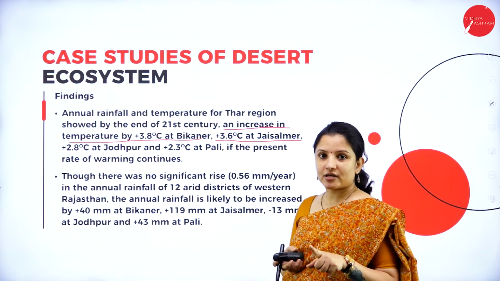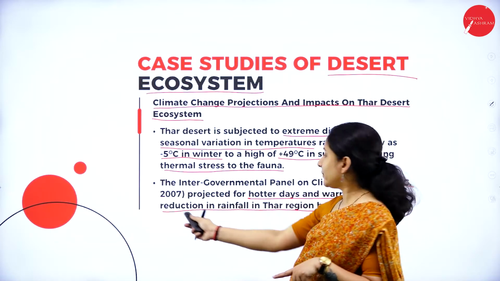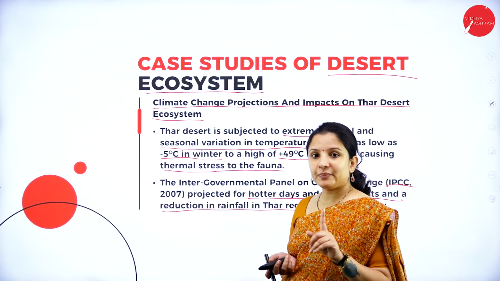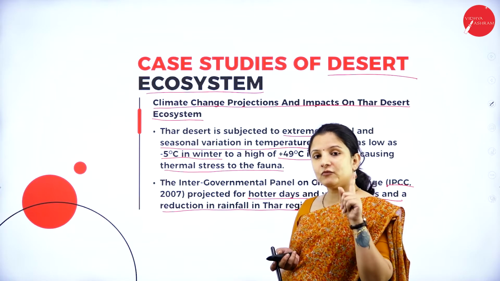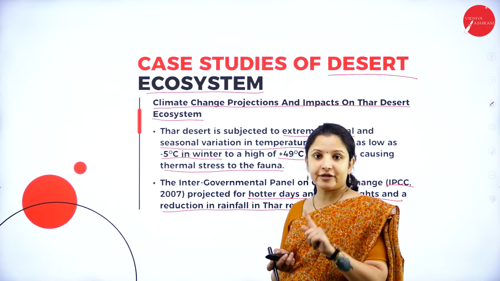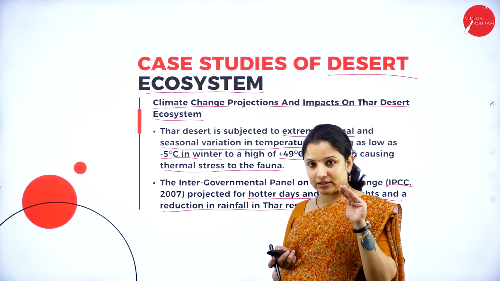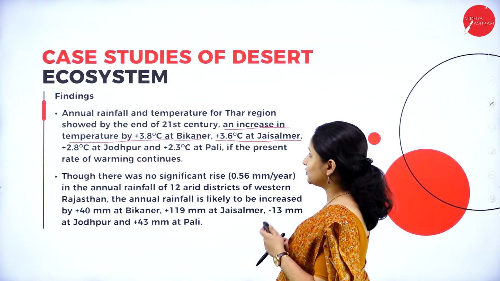That was the prediction, right? When was the prediction done? 2007. The prediction was done by the IPCC. IPCC predicted in 2007 that by the 21st century, the Thar desert climate is going to change, with the temperature hotter during the day and warmer during the night. This is what they said.